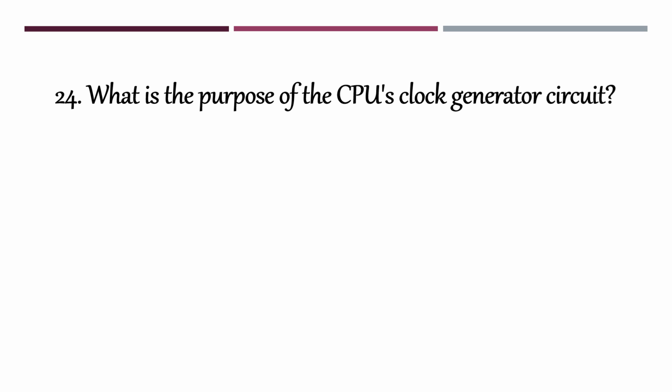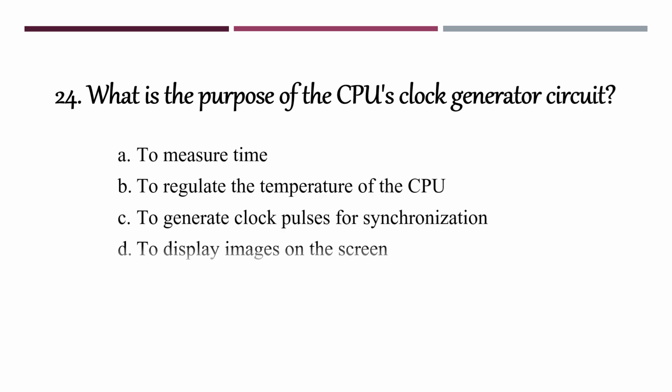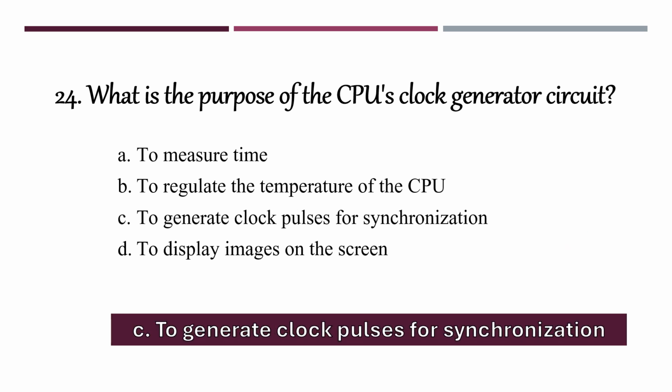What is the purpose of the CPU's clock generator circuit? Option C, to generate clock pulses for synchronization.